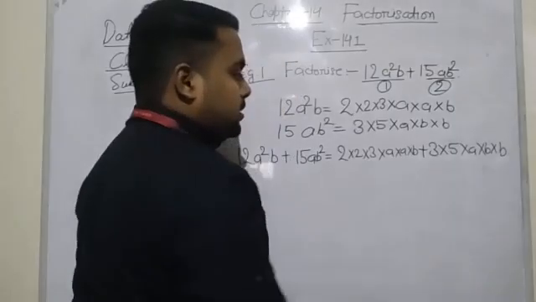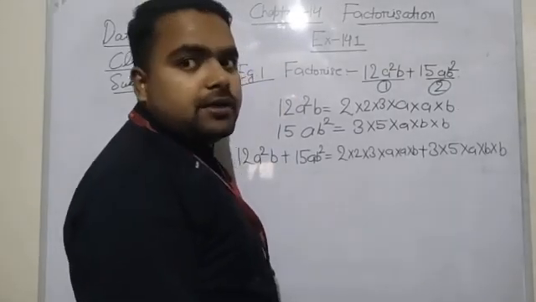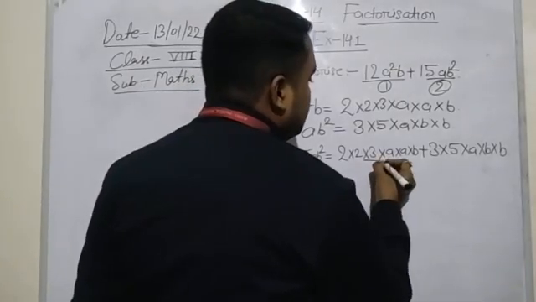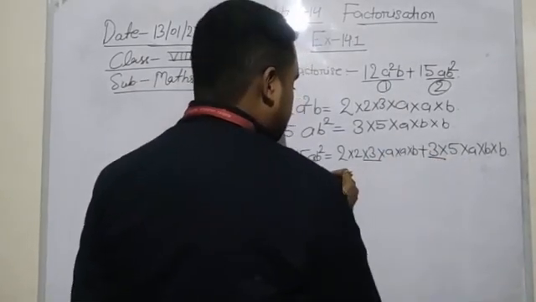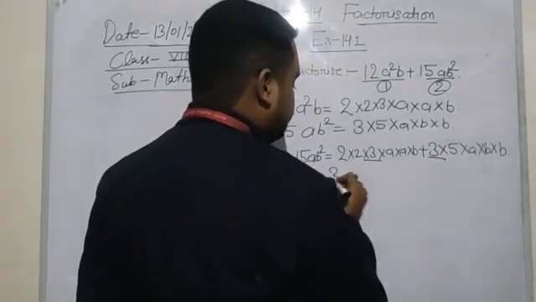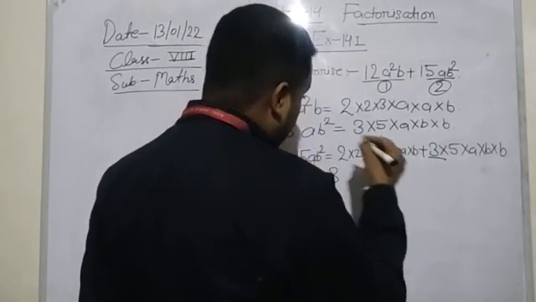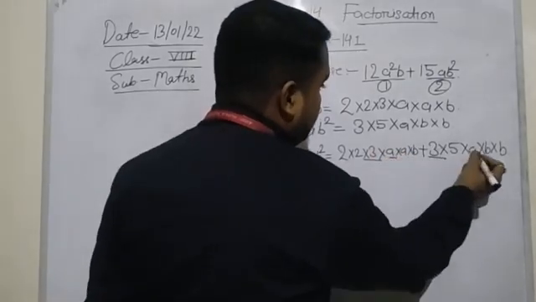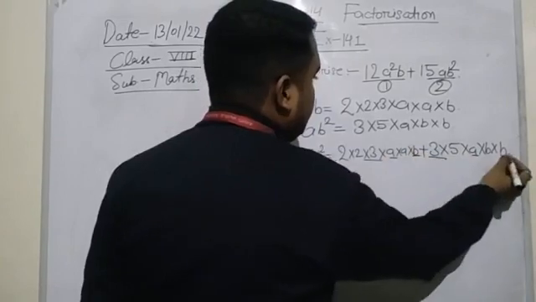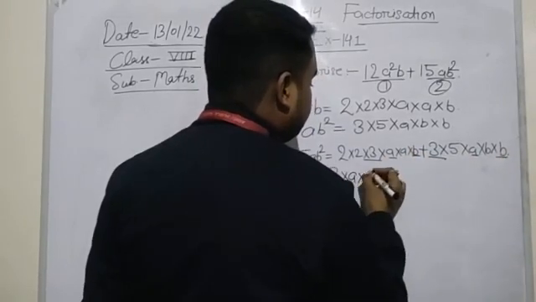So here when we want to take the common number, we find that 3 is the number that is common in both the terms. So 3, and a one time, and b one time.